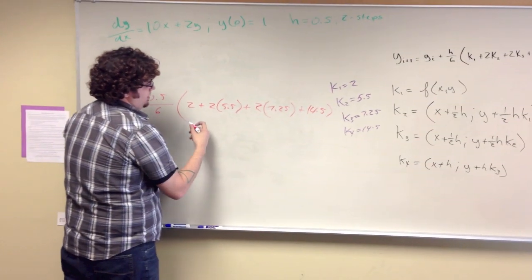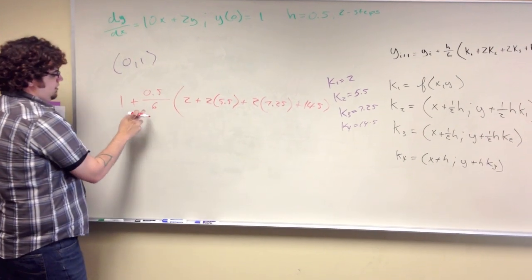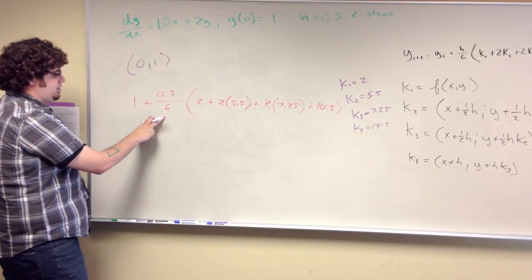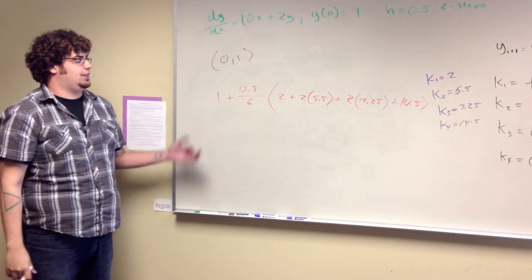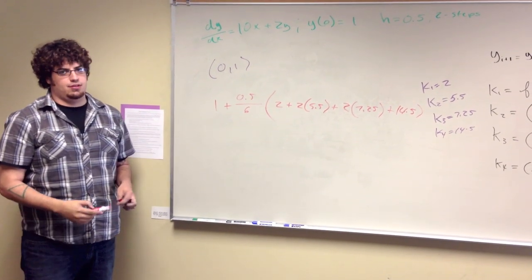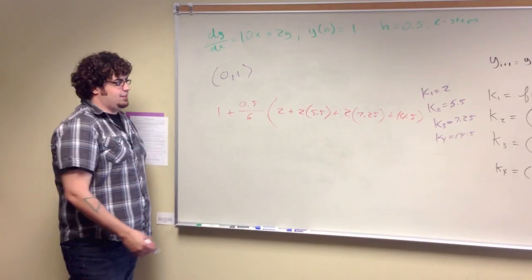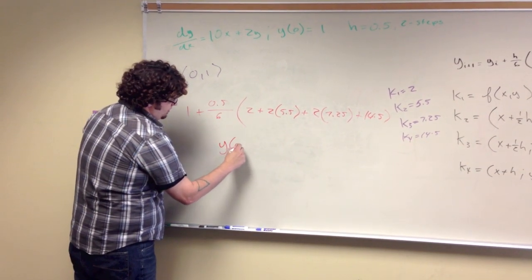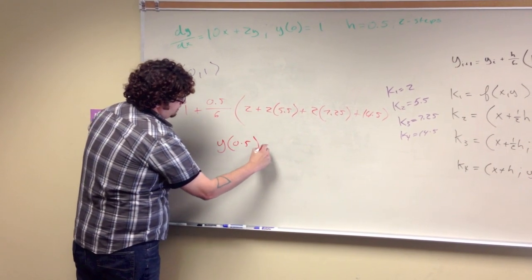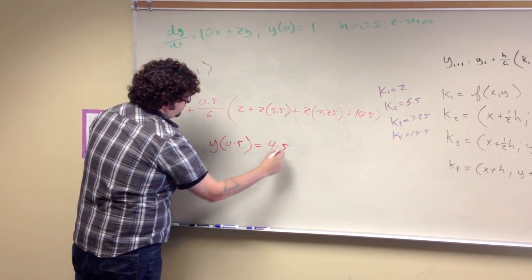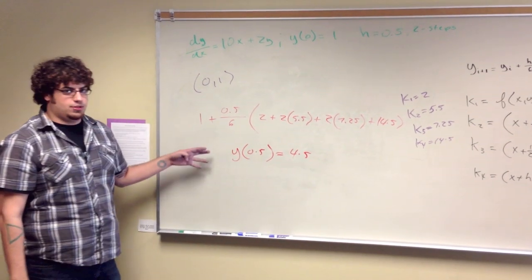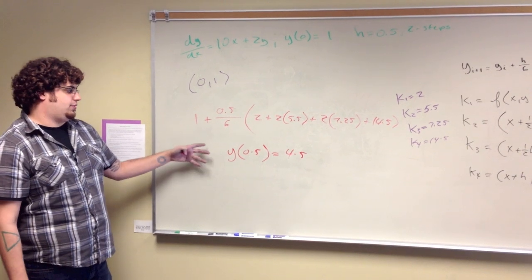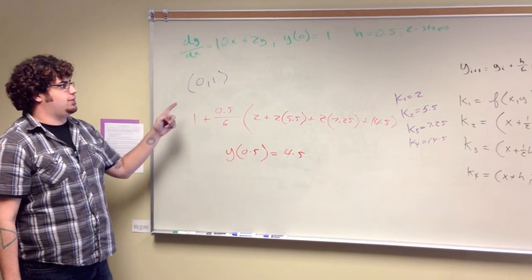So we're going to go ahead and add these, multiply by this coefficient, and add 1 to it to get our first step. After computing this, we now know that y at 0.5 equals 4.5.